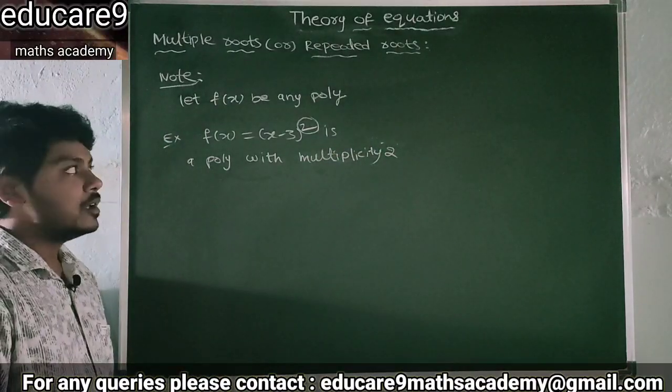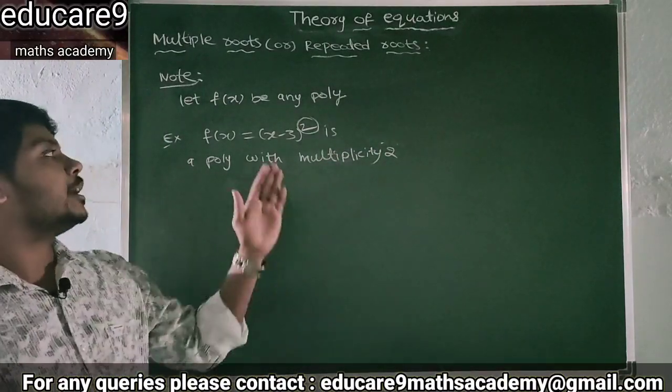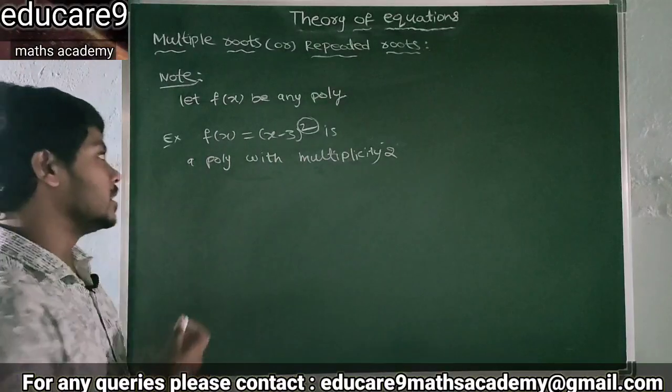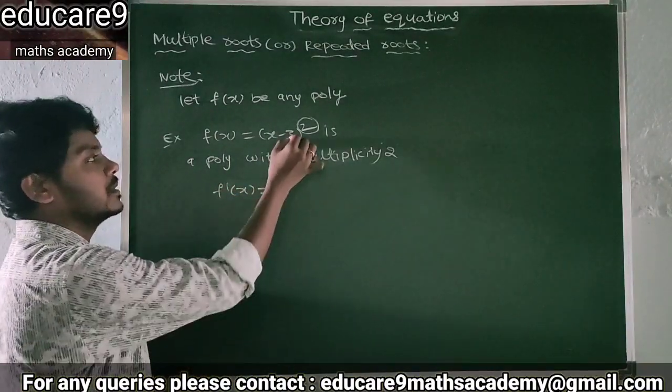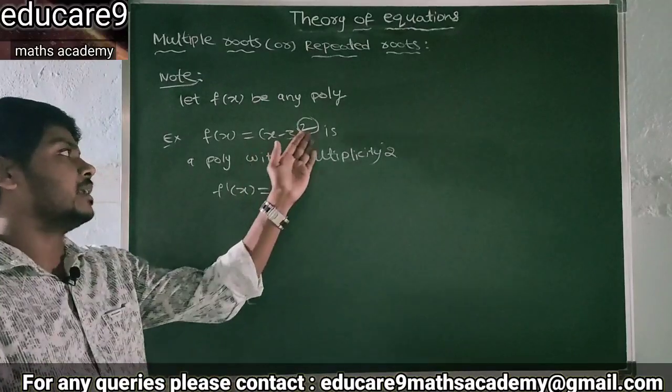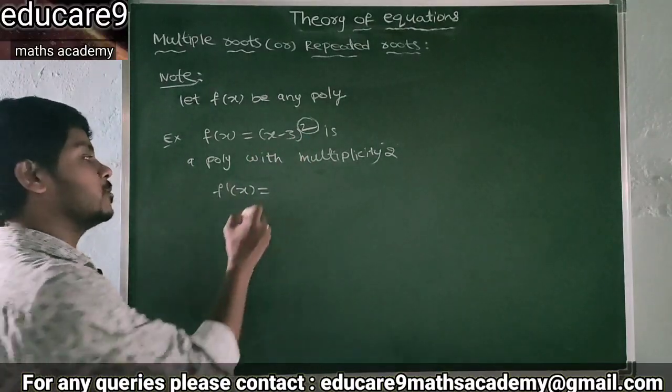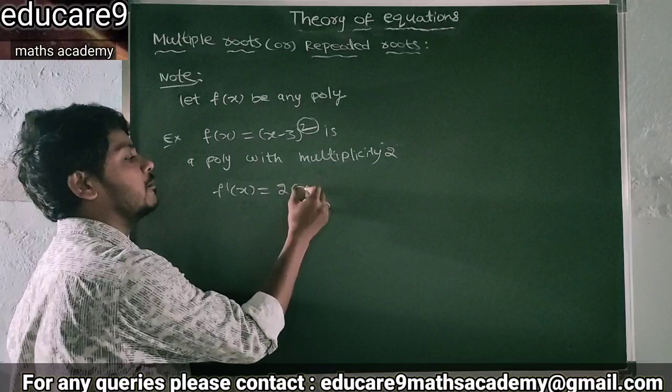Now find the derivative of this function. Here f dash of x, using the derivative of x power n, which is n into x to the power of n minus 1.